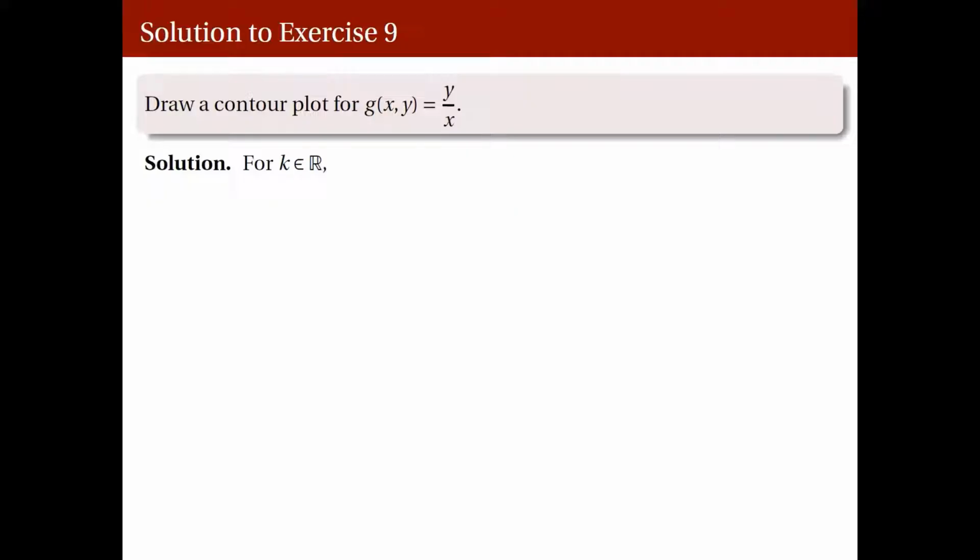If we let g be equal to k, then k equals y over x, and then multiply by x on both sides to get y equals kx.